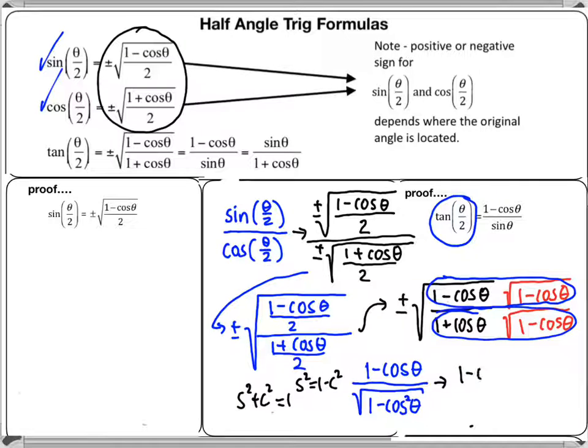So I got 1 minus cosine theta all over the square root of sine squared theta, which now when I take the square root of that, I am just going to get sine. And so at the end of the day, I end up with 1 minus cosine theta all over sine theta.